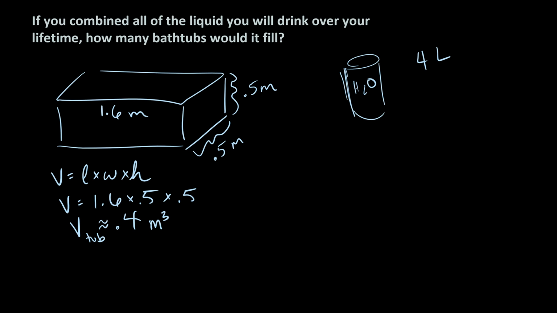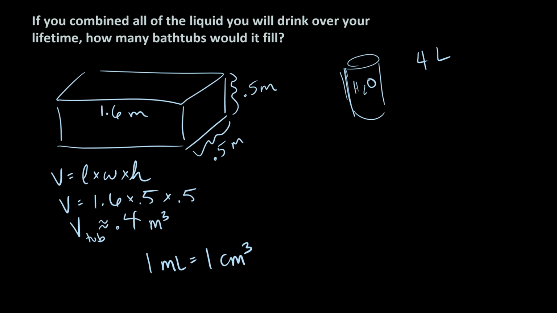Looking at units here, these are both units of volume, but I need to find a common unit if I'm going to figure out how many bathtubs full. I know that 1 milliliter is equal to 1 cubic centimeter off the top of my head. Remember, in these you don't want to have to look anything up.